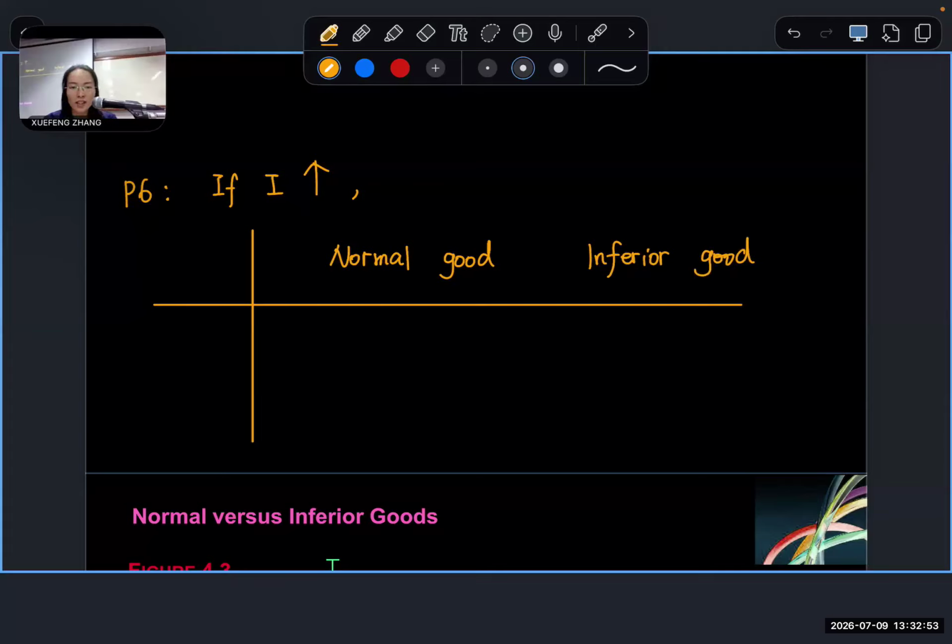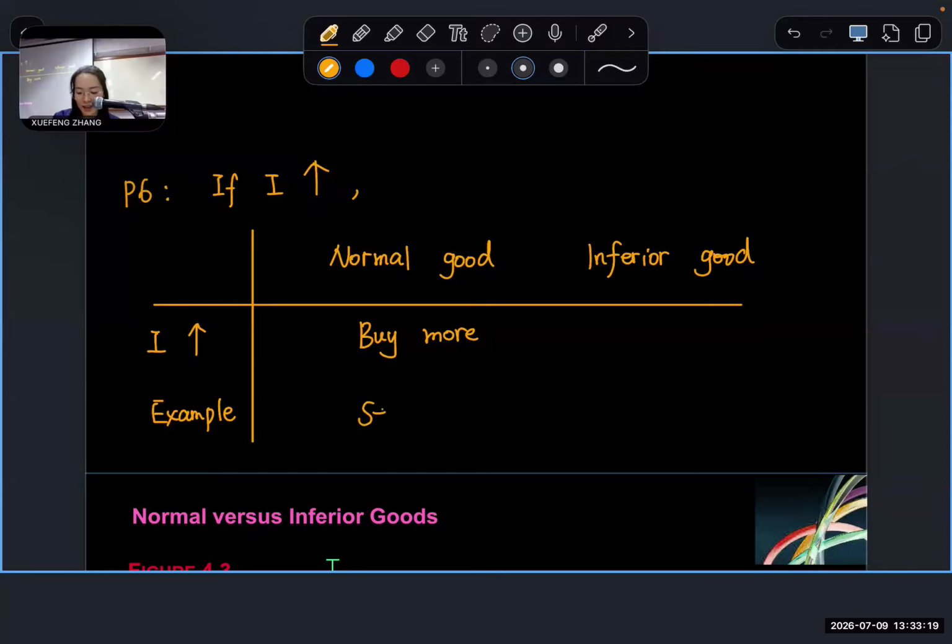Okay, so here, if income rises, if it's normal good, it means we're gonna buy more, right? Because it's normal. One example is steak, right?